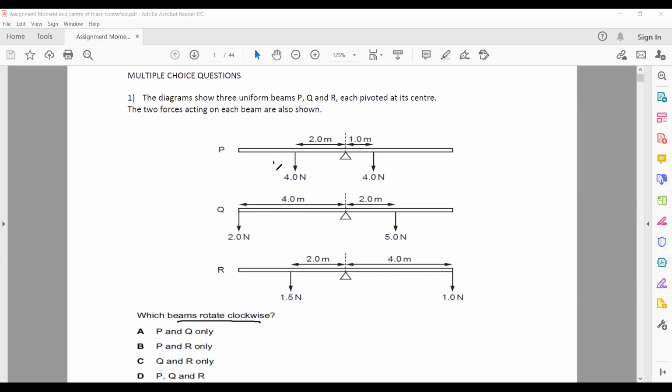So what is the moment caused by this 4 Newton force? So this force, and what is the distance from the pivot?